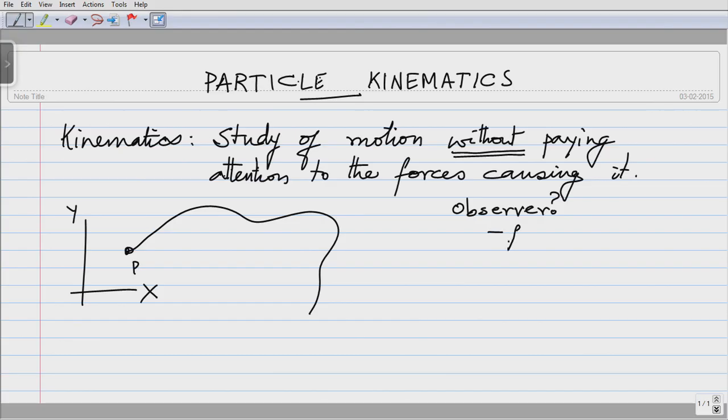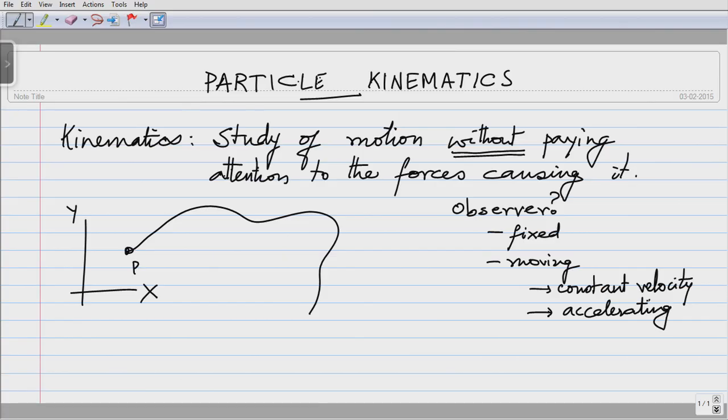So, the observer in general can be fixed or moving, and when that person or observer is moving, that person can be moving with a constant velocity or even accelerating.